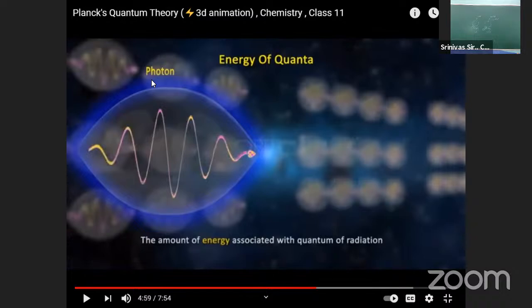But if you are talking about energy packets of only light energy, then they are particularly called photons. Understand? So quanta has a broad meaning. Quanta is nothing but energy packets of any form of energy, including light energy. If you want to speak particularly about energy packets of light, you can call it quanta, nothing wrong with it. But there is a specific word for it that is known as photon. Understand?